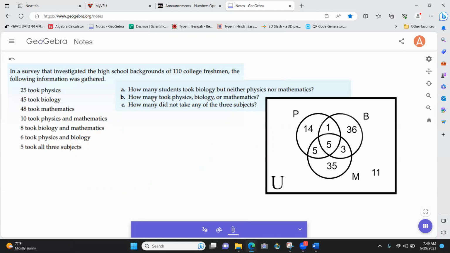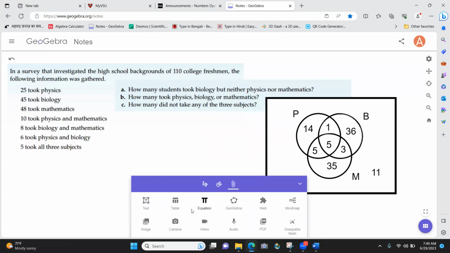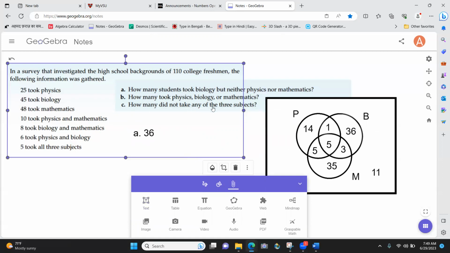Now I can answer these questions. How many students took biology, but neither physics nor mathematics? That means they only took biology. I'm going to say 36 right here. So A is going to be 36. How many took physics, biology, or math? So remember, guys, the word or means union. It's the union of everything.